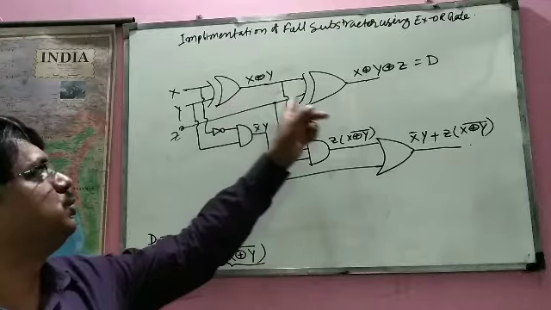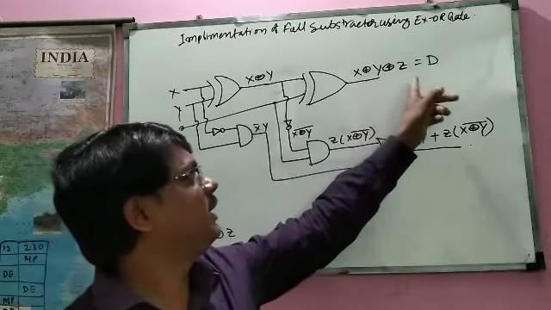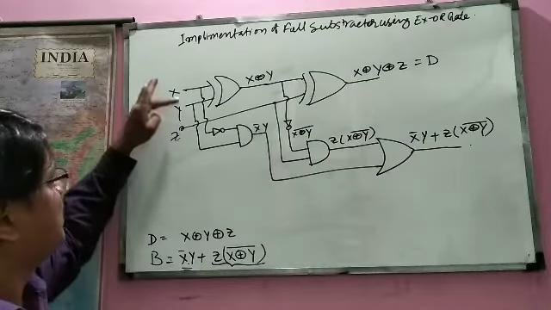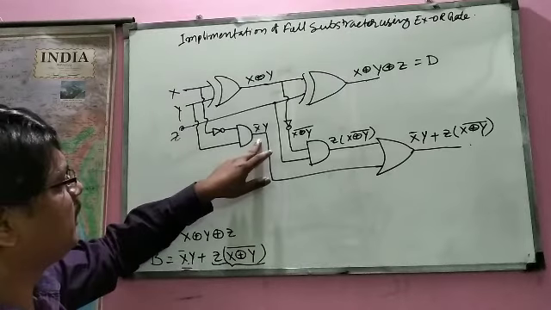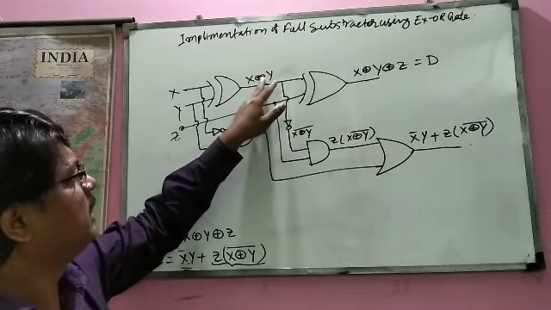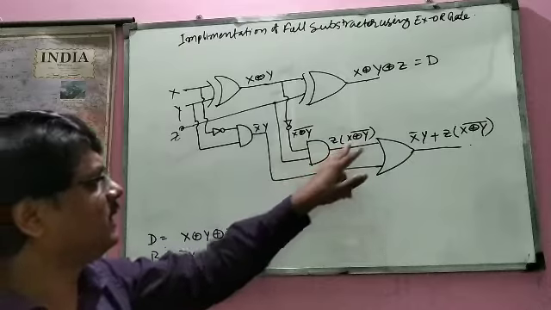Okay. So by using two XOR gates, this difference is coming, x XOR y XOR z, and we are taking two inputs, one from x and one from y, and we are getting x bar y, and here we are getting two inputs x XOR y and z, and by complementing it we are getting this term.